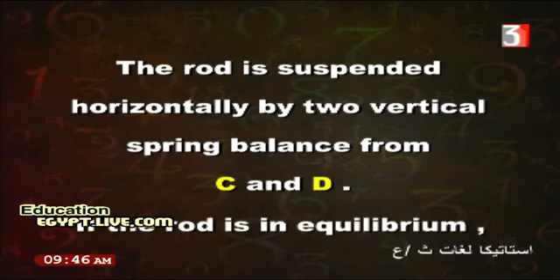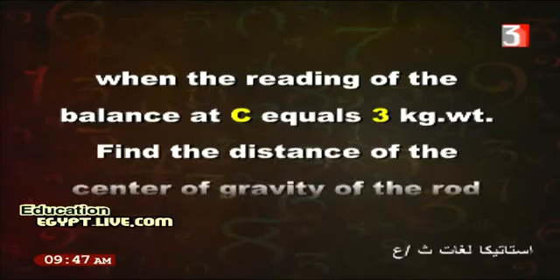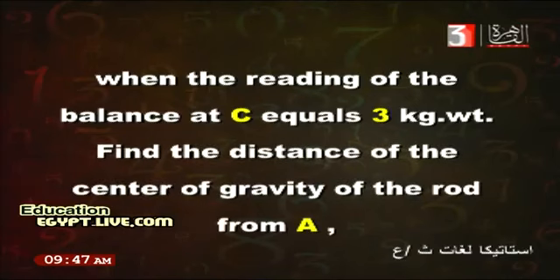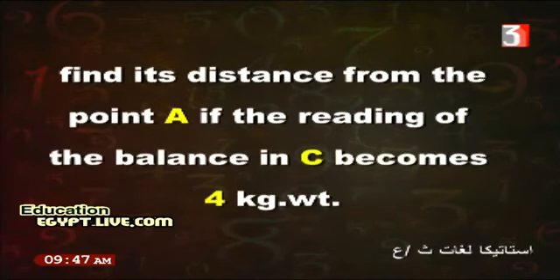If the rod is in equilibrium when the reading of the balance at C equals 3 kilogram weight, find the distance of the center of gravity of the rod from A, and the weight of magnitude suspended from a point on the rod. Find the distance from A if the reading of balance C becomes 4 kilogram.